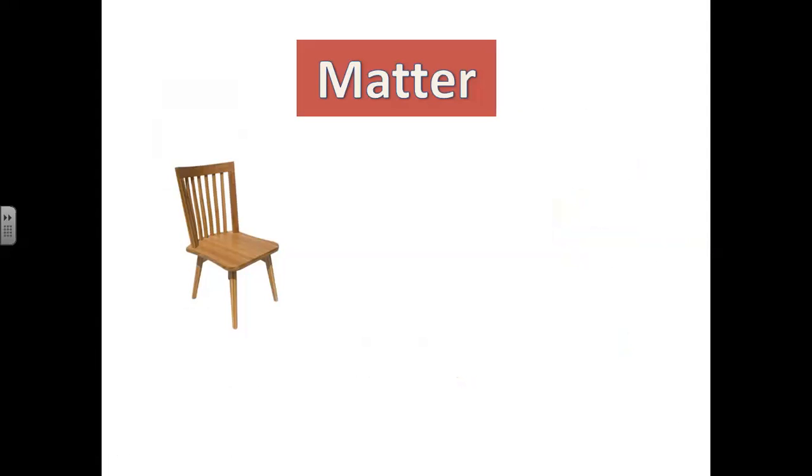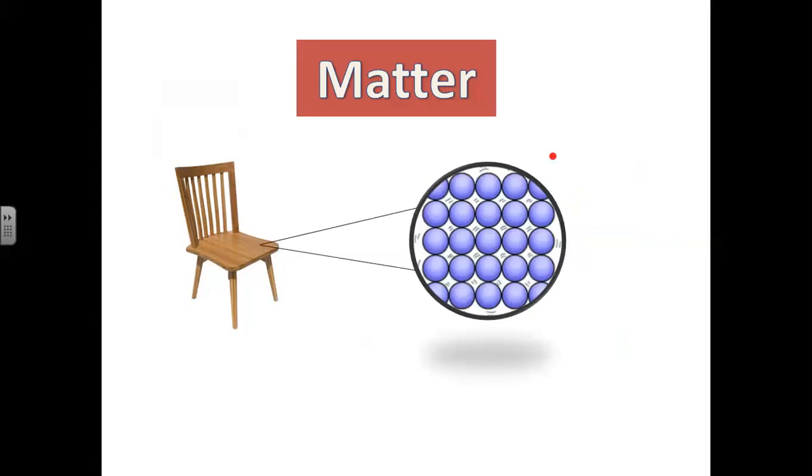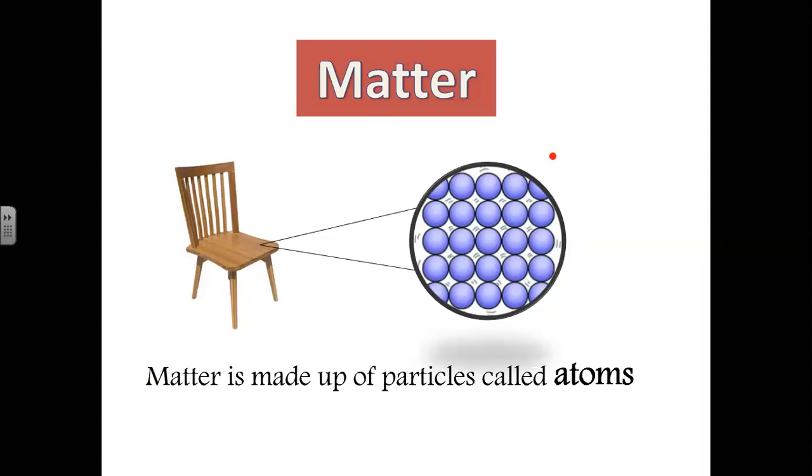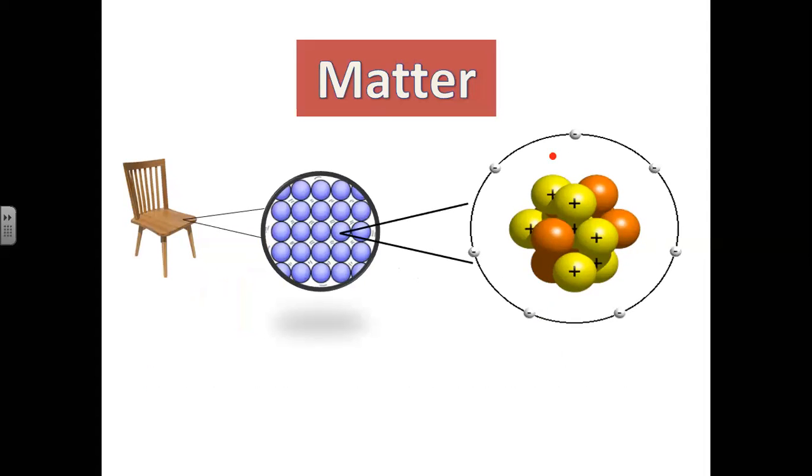So now we have matter, and we know that matter has smaller particles inside it which make it up, and those smaller particles are called atoms. Do you remember this? Inside the atoms there are two kinds of particles: positively charged particles and negatively charged particles, which are much smaller and move around the positively charged particles.